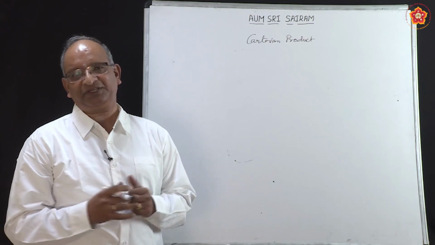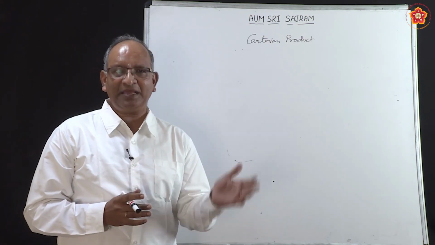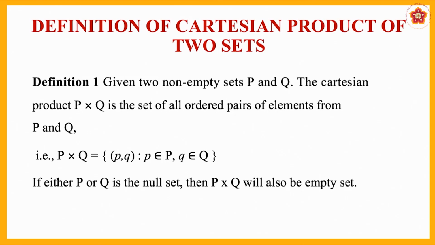So, the definition is, if A and B are two non-empty sets, or P and Q are two non-empty sets, then P cross Q is known as Cartesian product. And there is something very significant: the set of all ordered pairs. So, let us write the definition.